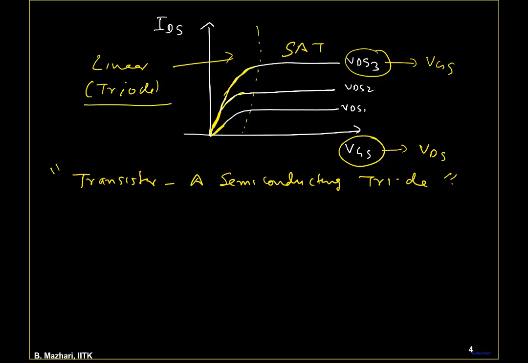If you do a Google search, you can come up with this particular paper, the first paper published on transistor. This was in 1948.